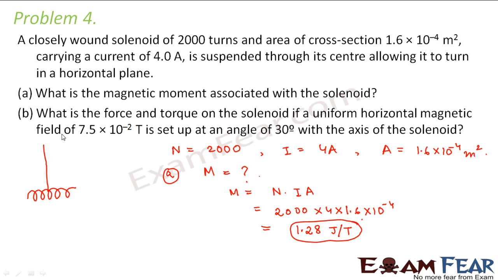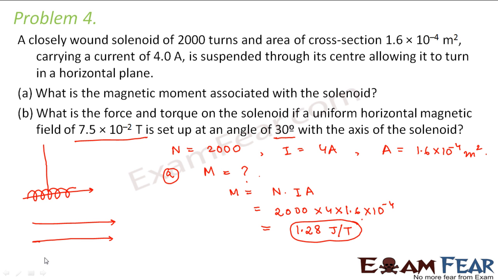So this is the magnetic moment associated with this solenoid. Now the second part asks, what is the force and torque on the solenoid if a uniform horizontal magnetic field of 7.5 × 10^-2 Tesla is set up at an angle of 30 degrees with the axis of the solenoid. Now what is the axis of the solenoid? This is the axis of the solenoid.